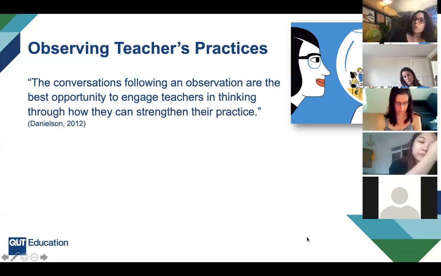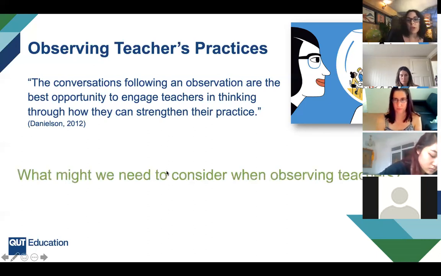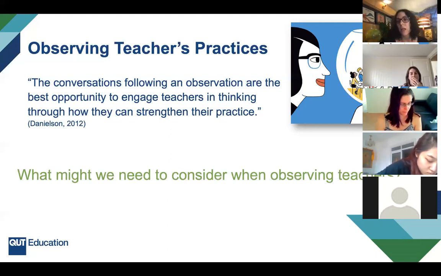So hopefully the feedback that you give and the feedback that you receive is very constructive. From your experience, I want you to think about some protocols that we might need to consider when observing teachers. Picture yourself in your placement and you're observing your supervising teacher. What sort of things would you need to consider?